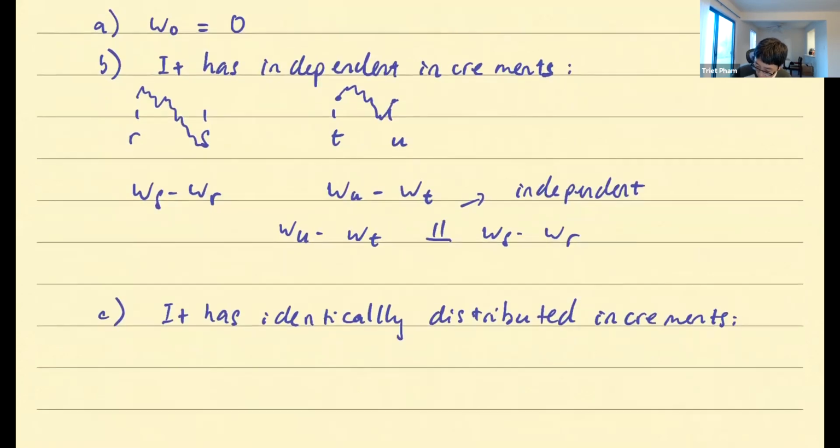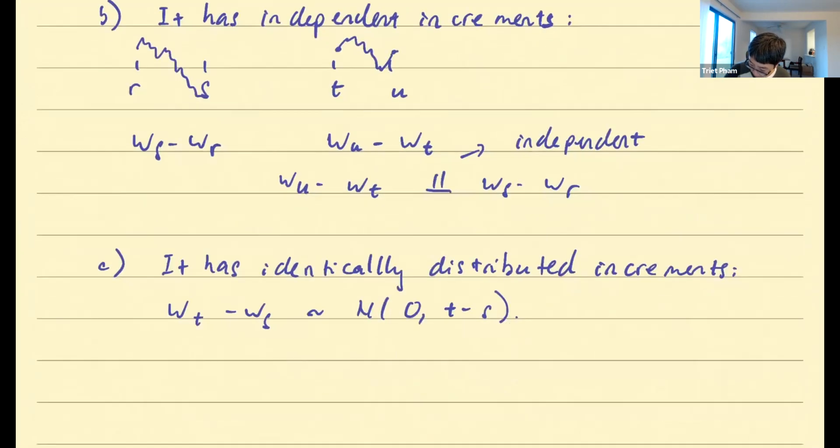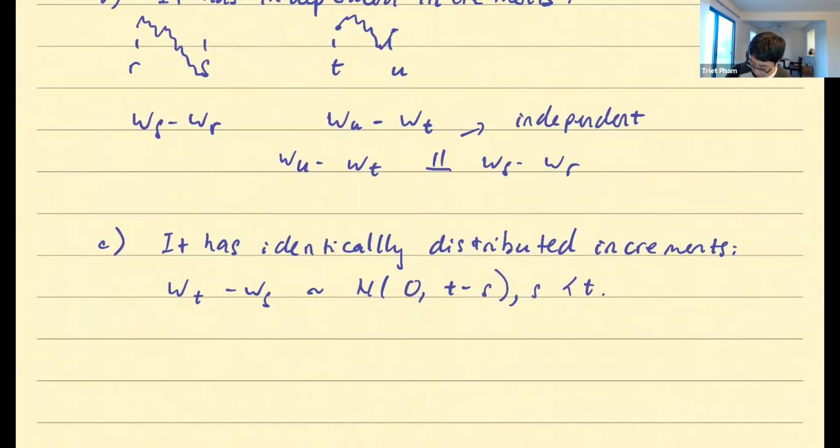In other words, over any time interval, the statement is just this: W_t minus W_s has a normal(0, t minus s) distribution, for s less than t. So that's it. That's the definition of Brownian motion.